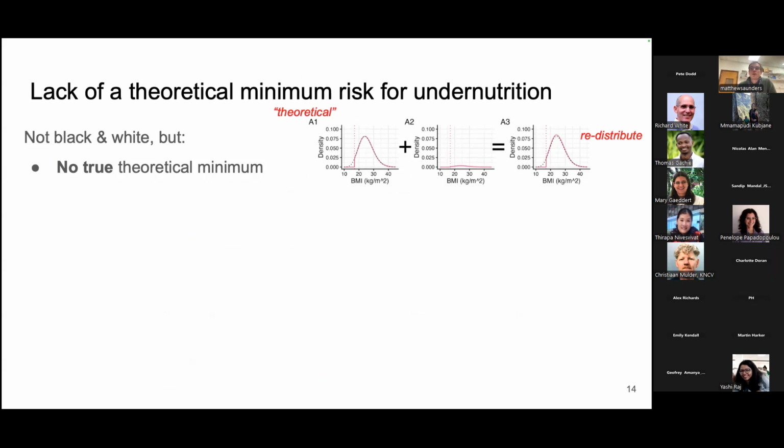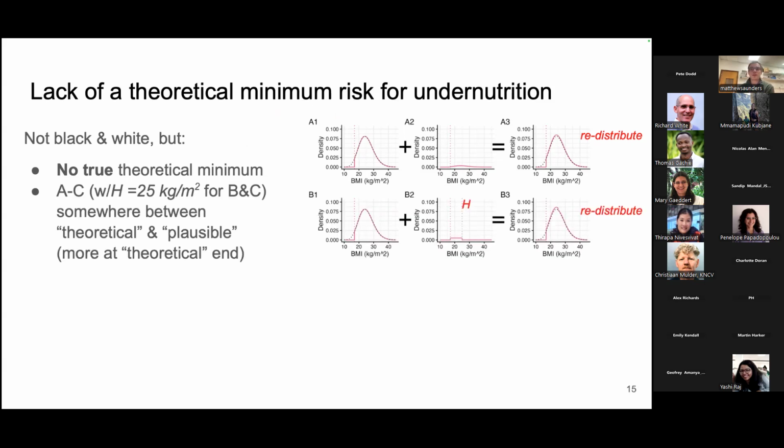And so the base case was motivated by a desire for simplicity and also on the basis of comparability with other risk factors and equity, which is the one I've just shown, where we basically take everybody below a certain point and then we redistribute them, as you can see in the middle graph, into the overall distribution proportional to the original.